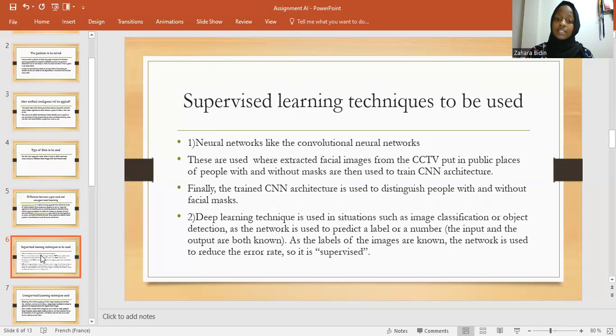The deep learning technique is used in situations such as image classification or object detection. So it will have to classify those people who are putting on masks and those who are not. Both the input and the output are labeled and known, and as the labels of those images are known, the network is used to reduce the error rate. So it's a supervised learning technique.